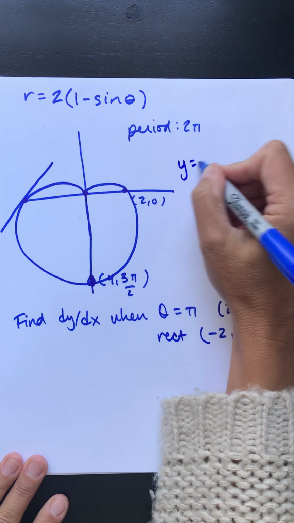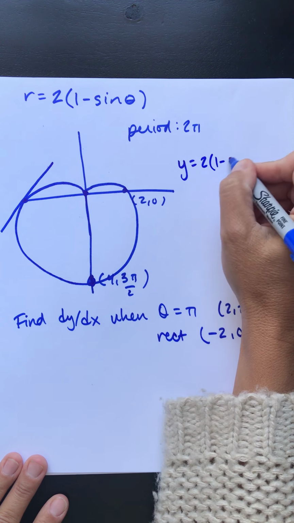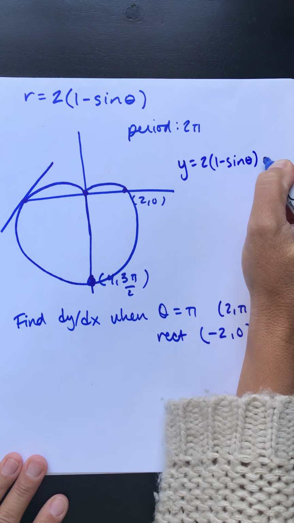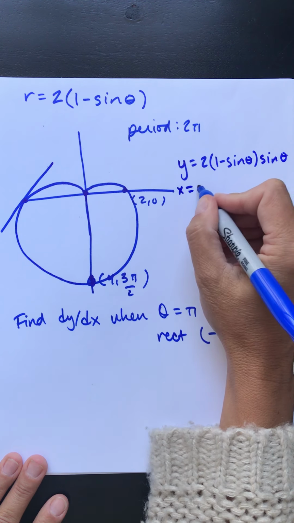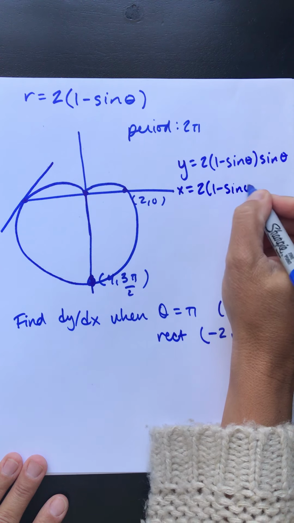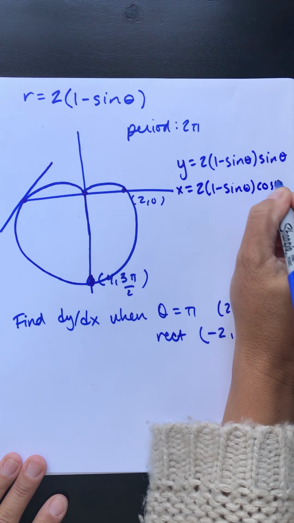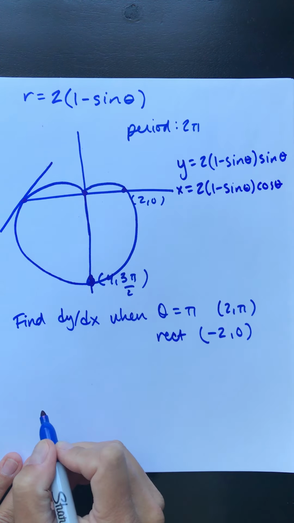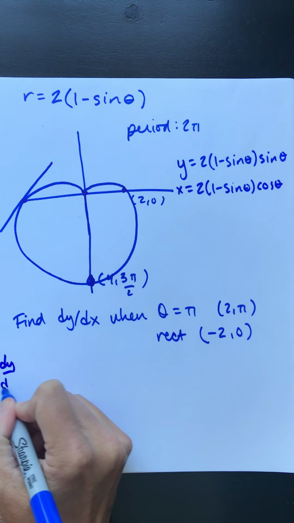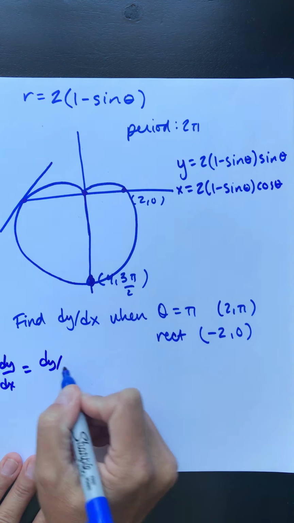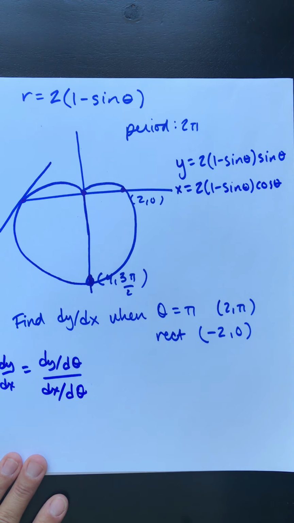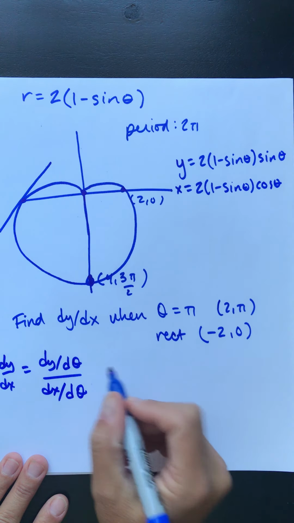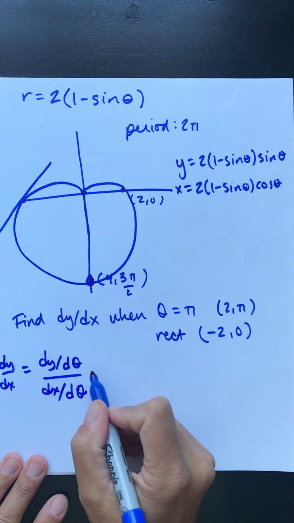Y is r sine theta. X is r cosine theta. So to find dy/dx, I'm going to do dy/d theta over dx/d theta. So I'm going to get to use my product rule here.